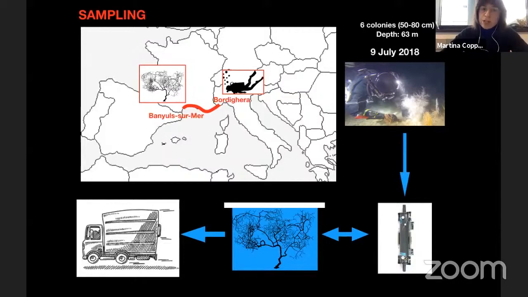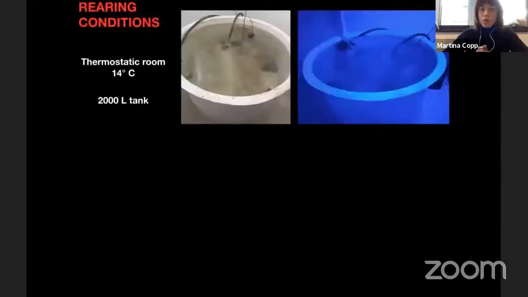The sampling location was Bordighera, on the west side of the Ligurian region. Then the colonies were transported to Banyuls-sur-Mer with a thermostatic van in order to keep the temperature as constant as possible. The temperature at the sampling site was 14 degrees.